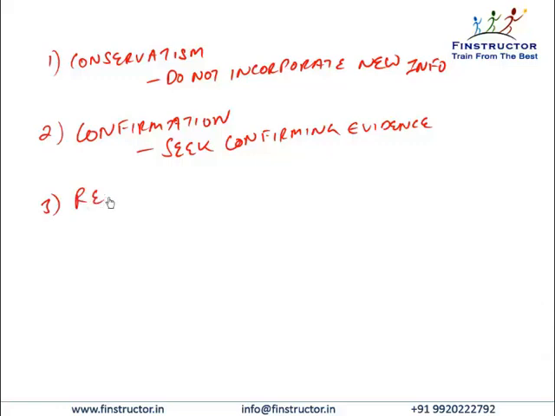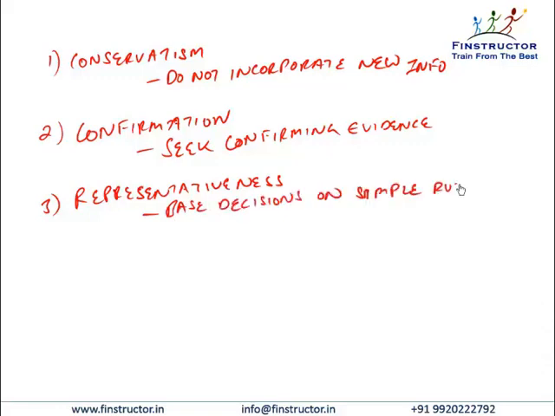Third was representativeness. That says that you base decisions on heuristics or simple rules of thumb, which normally may be incorrect. And there are 2 problems with the representativeness bias that we pointed out. First was called the base rate neglect, and second was the sample size neglect.